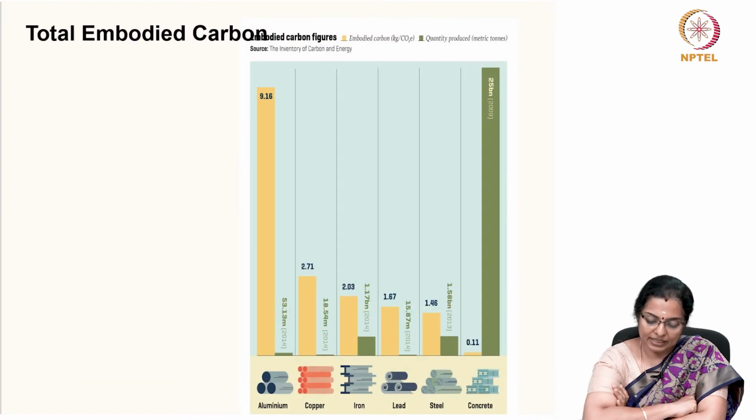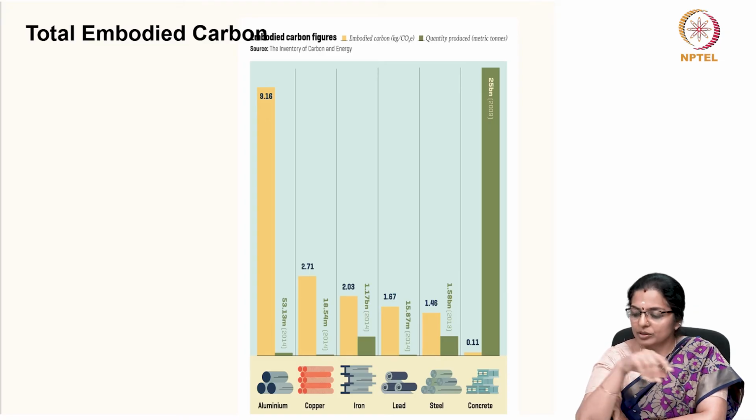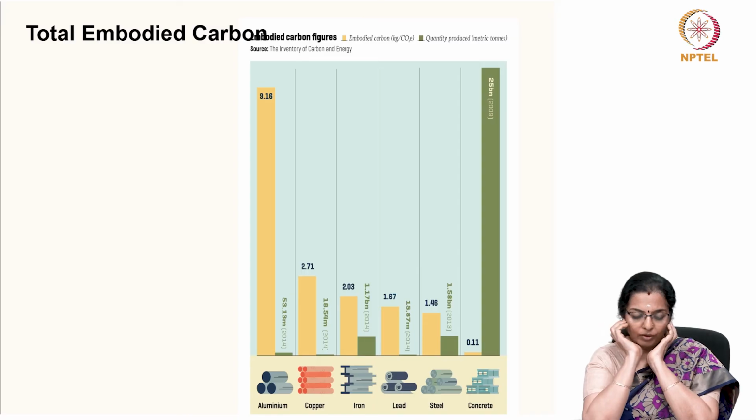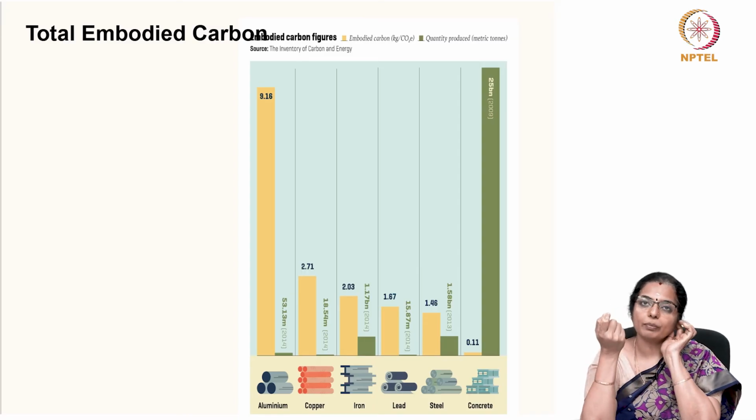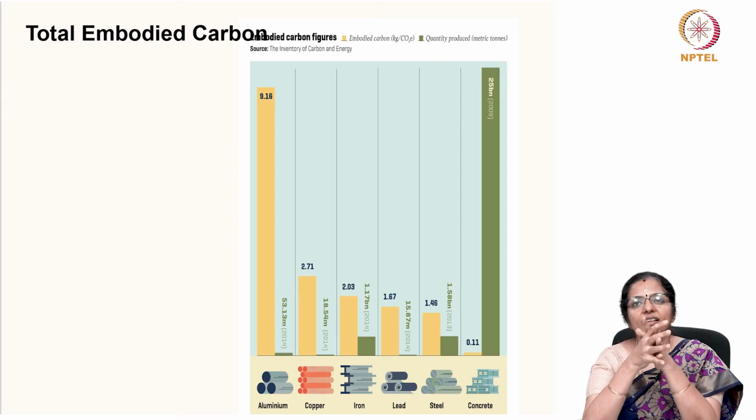Now, here is a small inventory of the embodied carbon and the quantity produced. Even though the embodied carbon of a particular material may be extremely high, one needs to consider the bulk of material that is used.